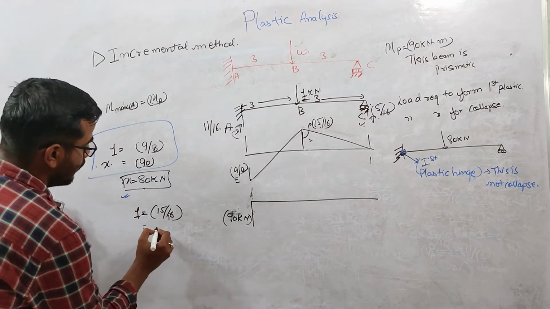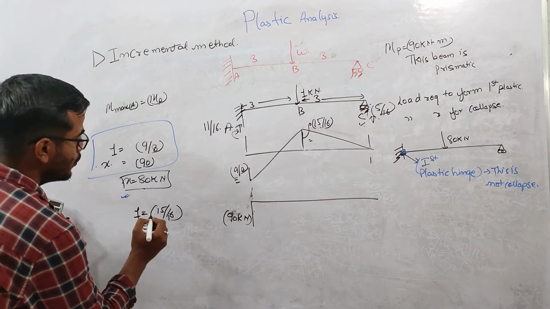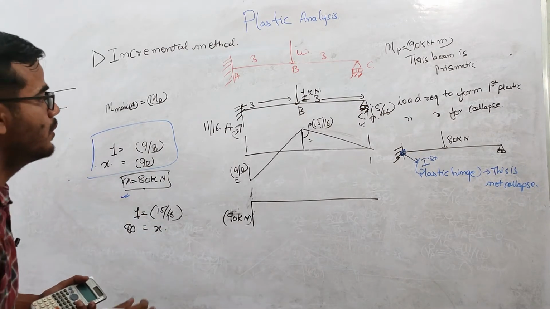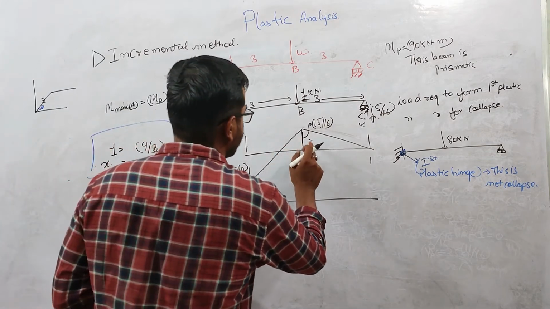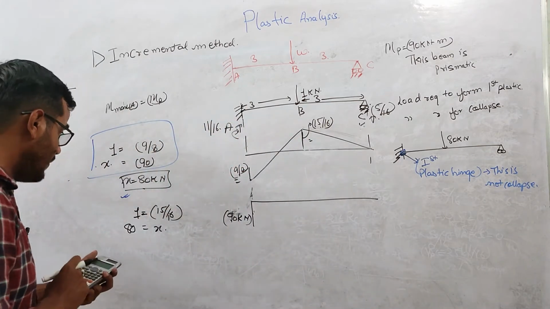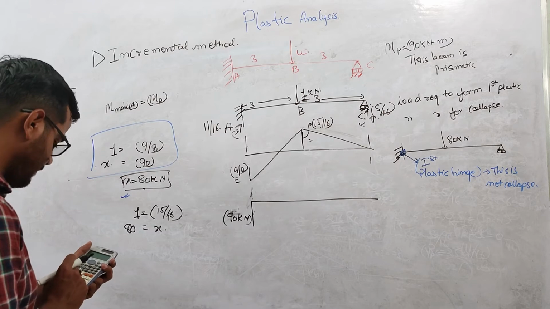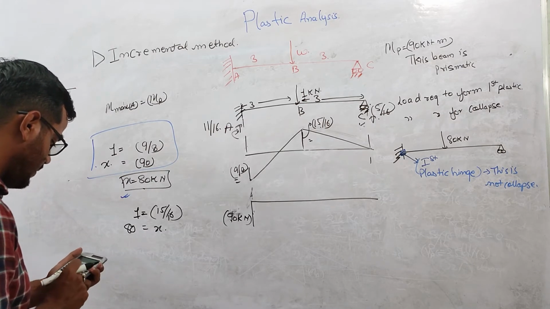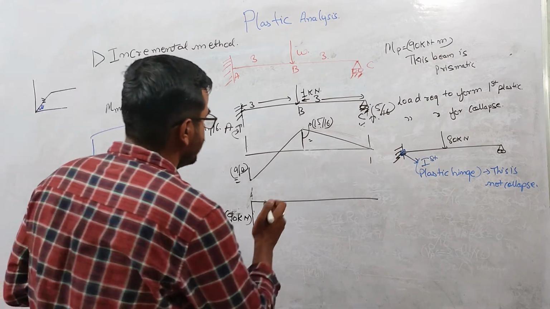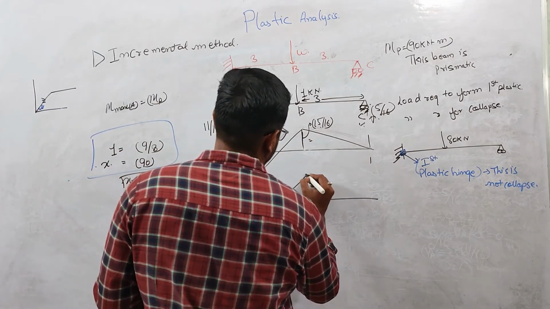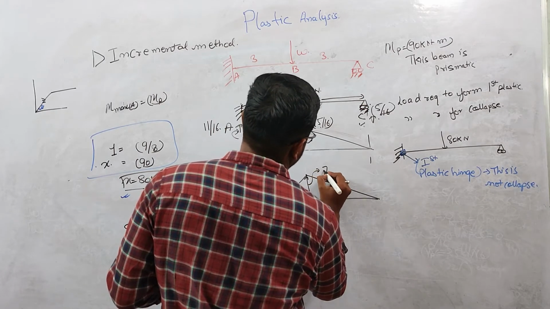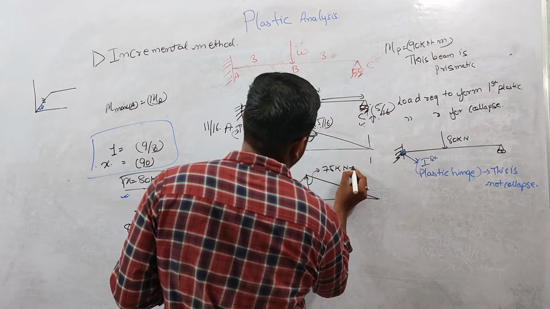So due to 80 kilonewton, the moment is 15 into 80 divided by 16, which is 75 kilonewton meter.